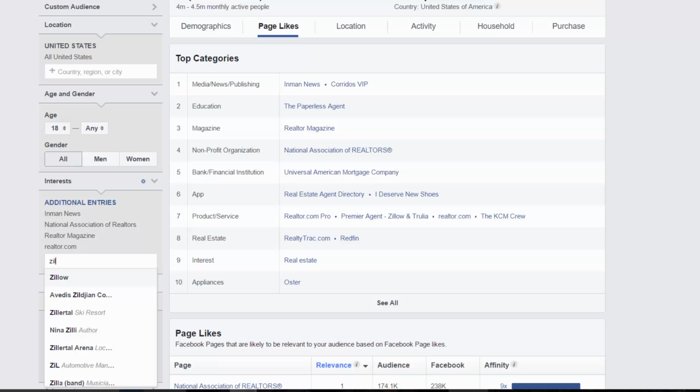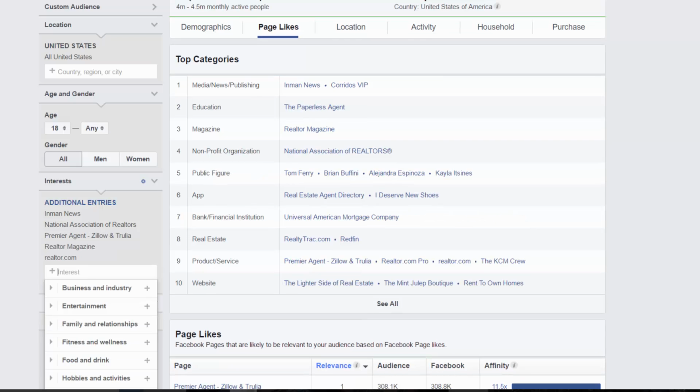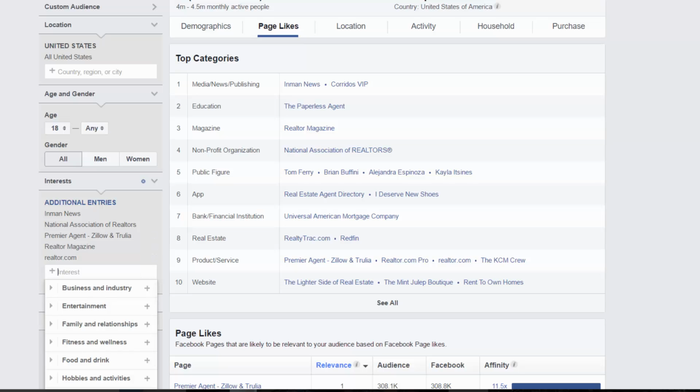So what we really want are the premier agents at Zillow and Trulia, because that's an agent interest. And these are people who, if they're really interested and very engaged, they're not afraid to put a little bit of skin in the game and do things in a modern way, and that's the kind of agent I think I would be looking for if I was looking for an agent.